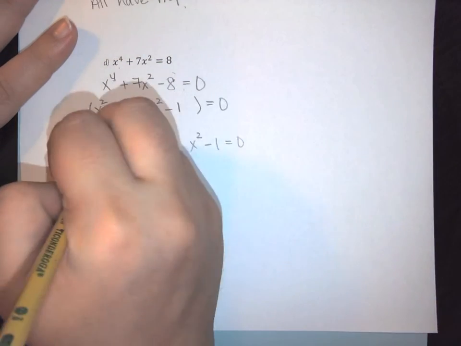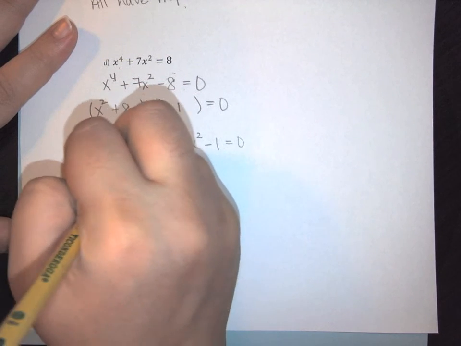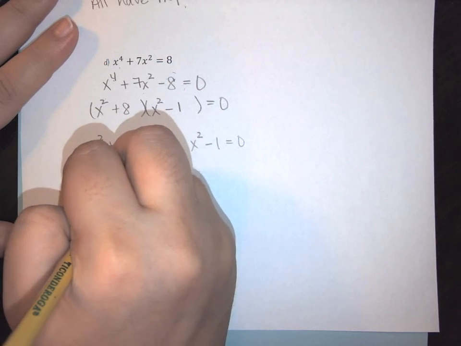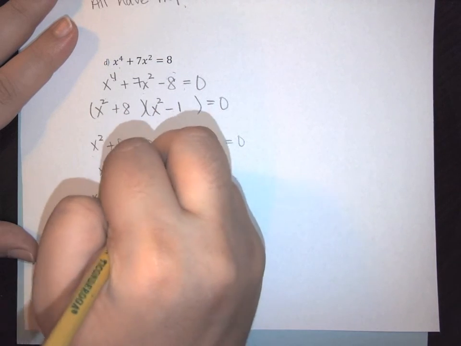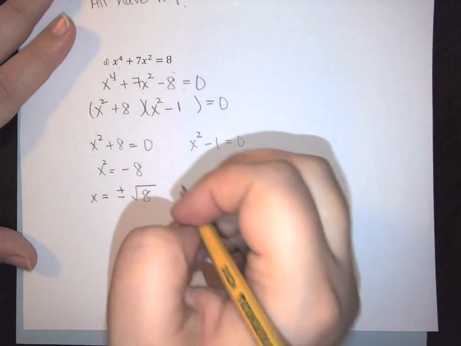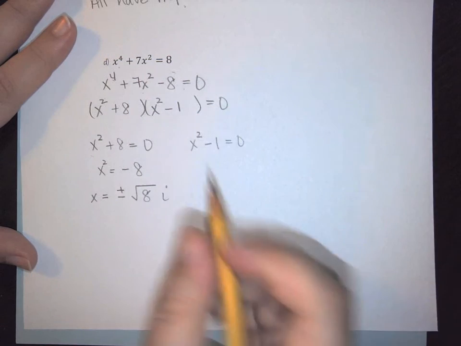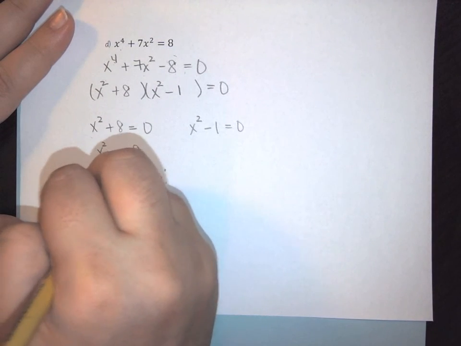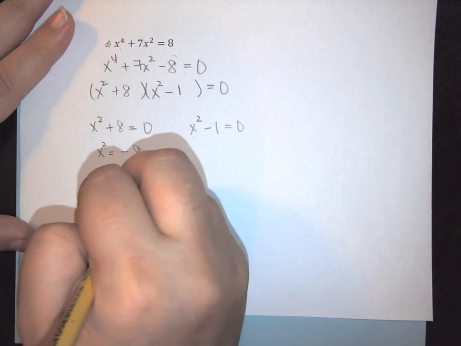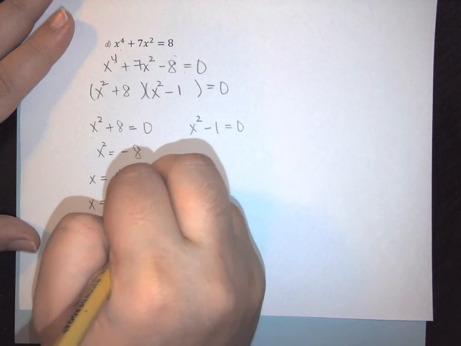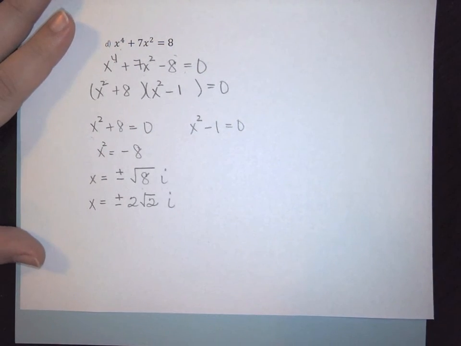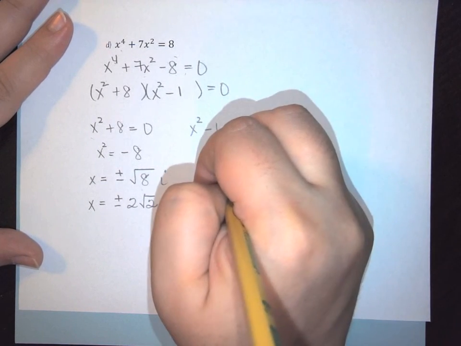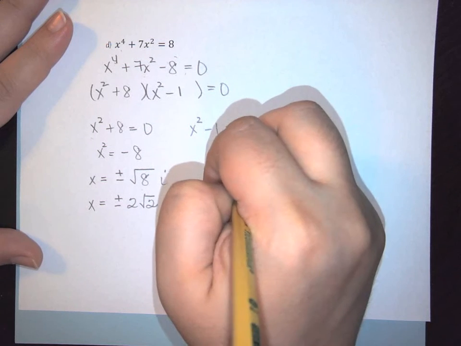In this first case, I end up with x squared equaling negative 8, so x equals plus or minus the square root of 8 times i, but the square root of 8 can reduce, and so x equals plus or minus 2 square roots of 2, i. Now on the other side, I have x squared equal to 1, so x is equal to plus or minus 1.